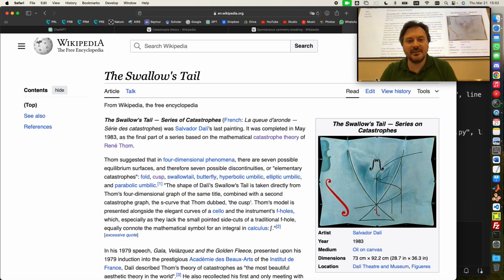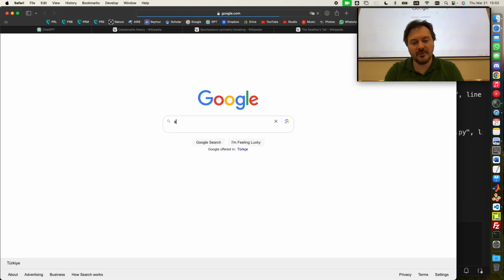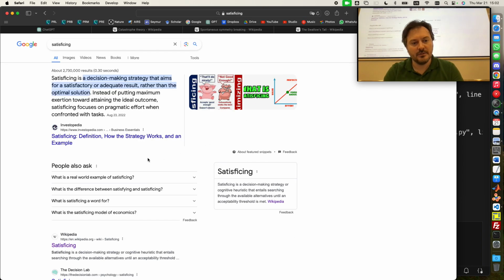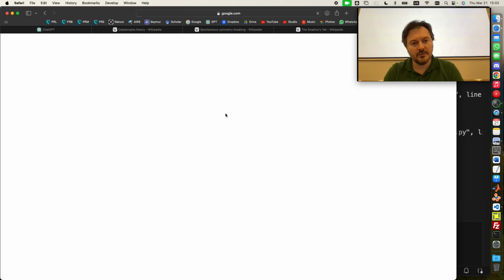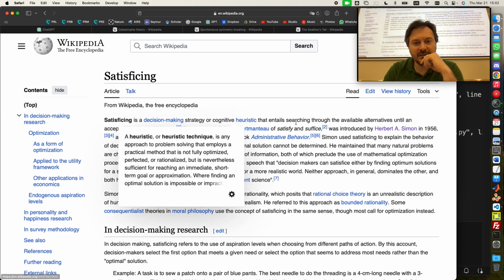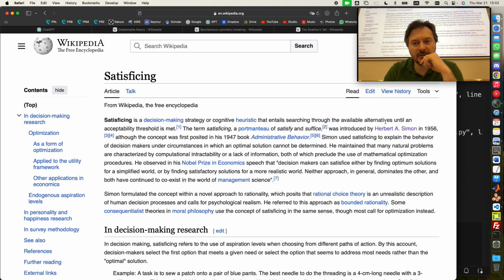I usually take this detour here to explain satisficing. It is a decision-making strategy or cognitive heuristic that entails searching through the available alternatives until an acceptability threshold is met.